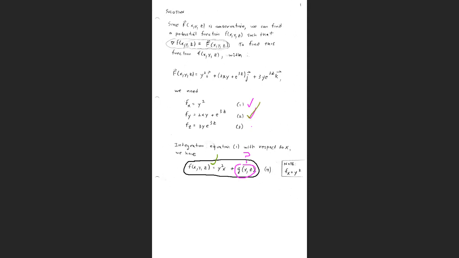So when we differentiate this equation with respect to y, we get that the partial derivative of f with respect to y equals 2 times y times z plus the partial derivative of g with respect to y.